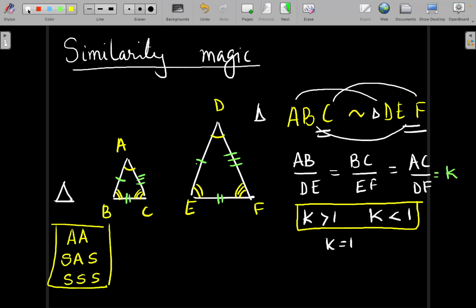Now why is it so? Well, we can easily prove this, and the proofs are really illuminating, and one should go through these proofs sometime.